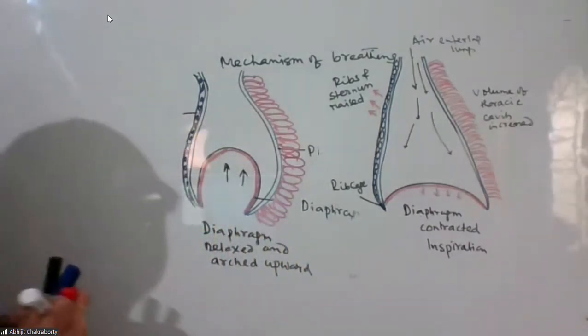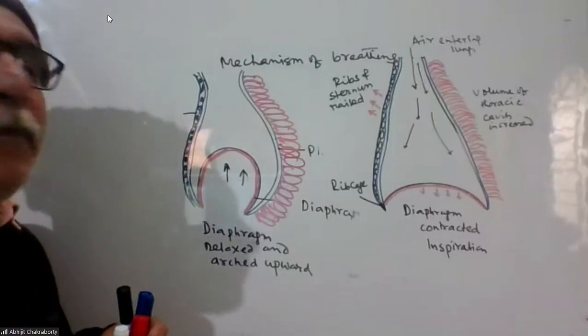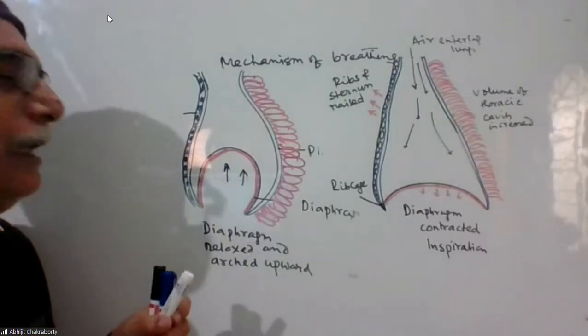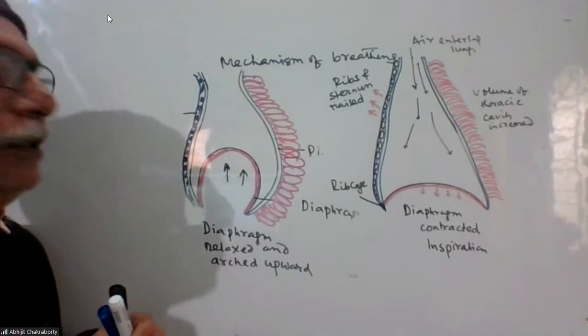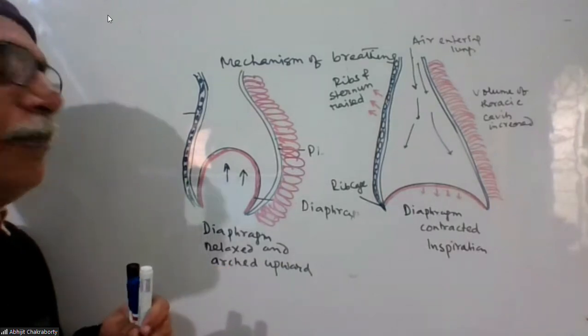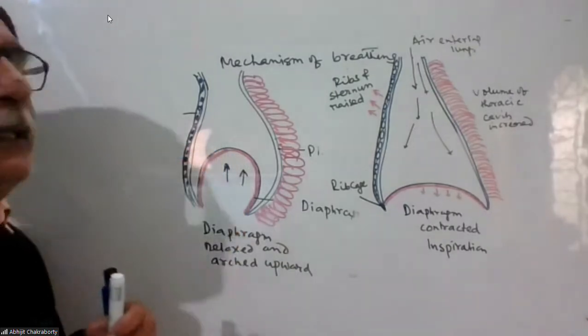Why? Because of the relaxation of the diaphragm muscles. As diaphragm muscles relax, the diaphragm will return to its original position. That's why it is written arched upward, because its original position is like this.